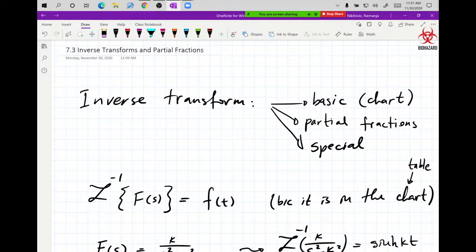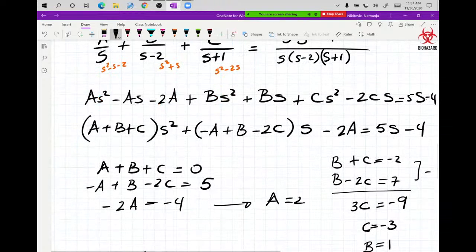But for inverse Laplace, you have all of these things that are listed, and again, these special cases will be covered in 7.4. Maybe I should just put here 7.4. Well, and 7.5 and 7.6. I mean, there's more of them coming up. But yeah, we're not done with inverse when we're done with this section.